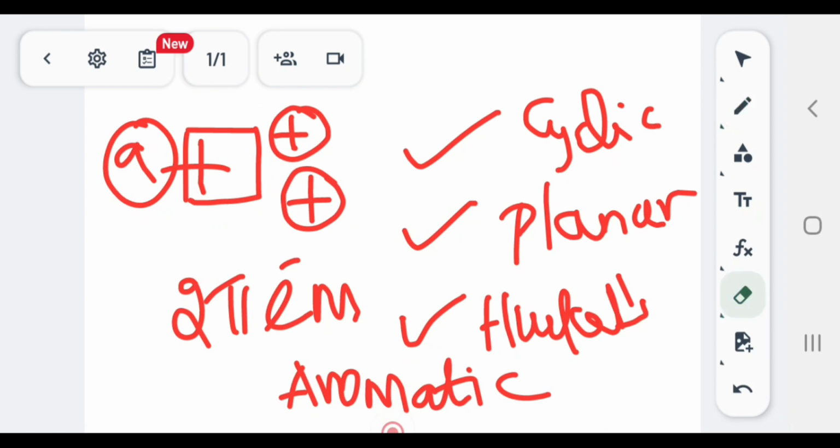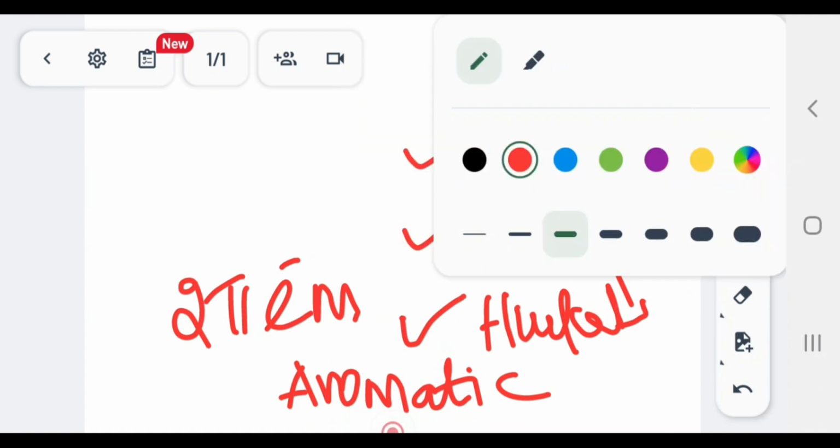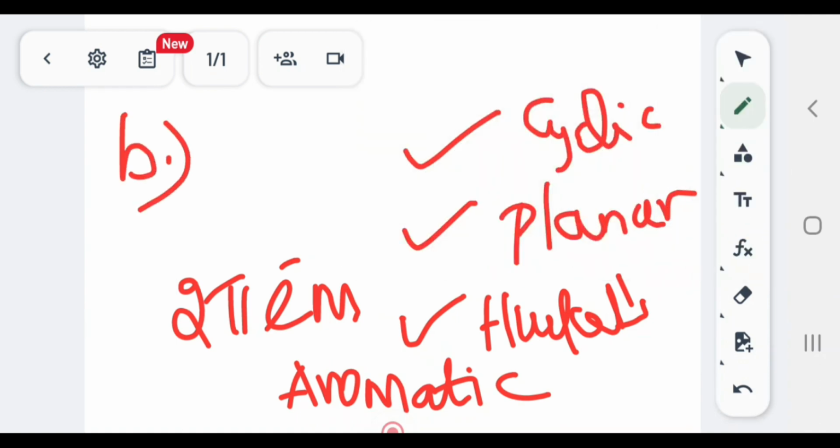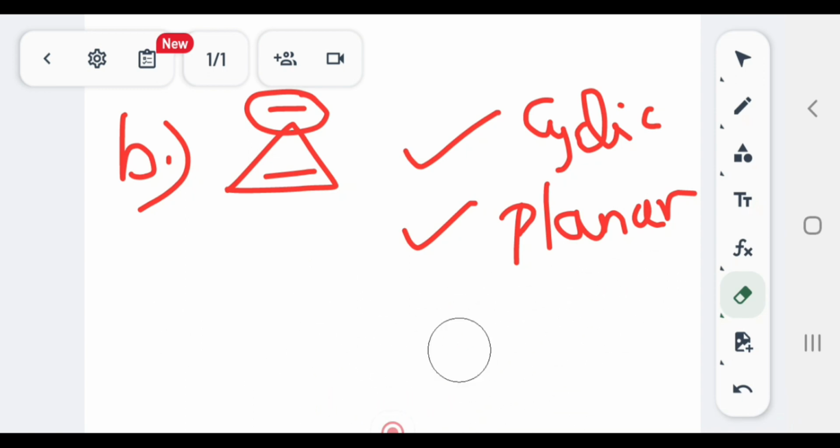The next example is, since we have already seen many examples, 3 to 4 examples, I am going somewhat faster, okay? So the second compound, let me give you an example, this one, okay? For this one, is it cyclic? Yeah, it is cyclic. Is it planar?